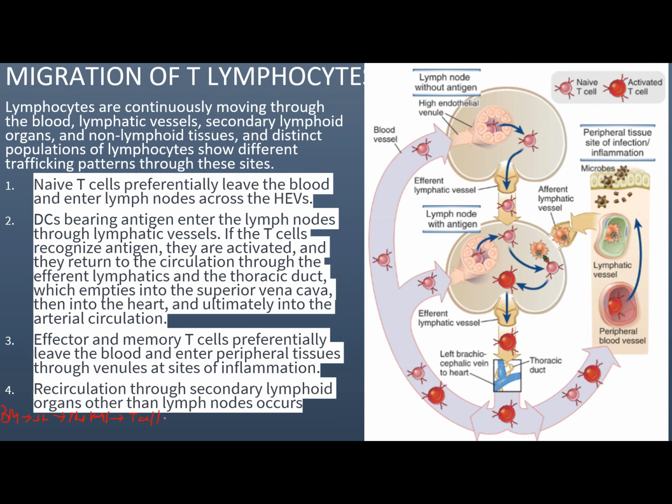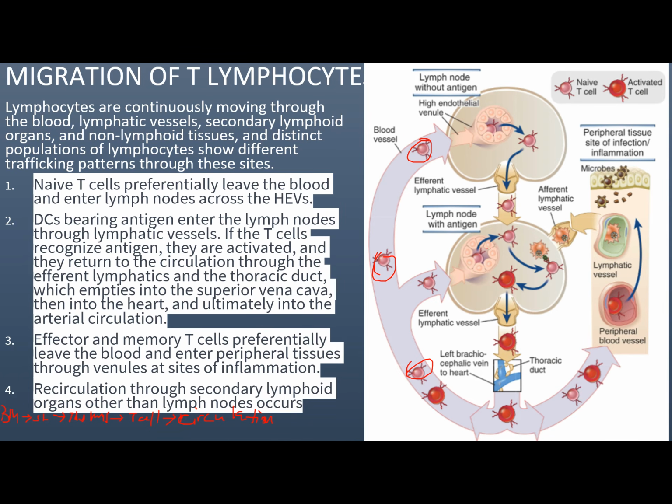Now, the naive T cell would go to your circulation. Let's go to the picture again, class. This is your inactivated T cell. It will now go to the lymph nodes. It would enter the high endothelial venule, pass through the efferent lymphatic vessel, and enter the lymph nodes.